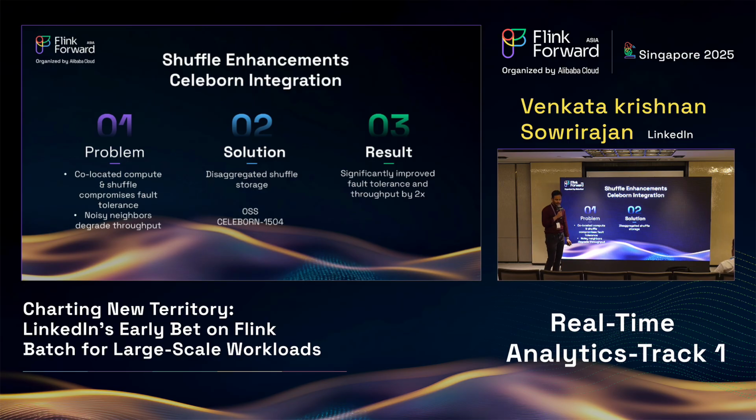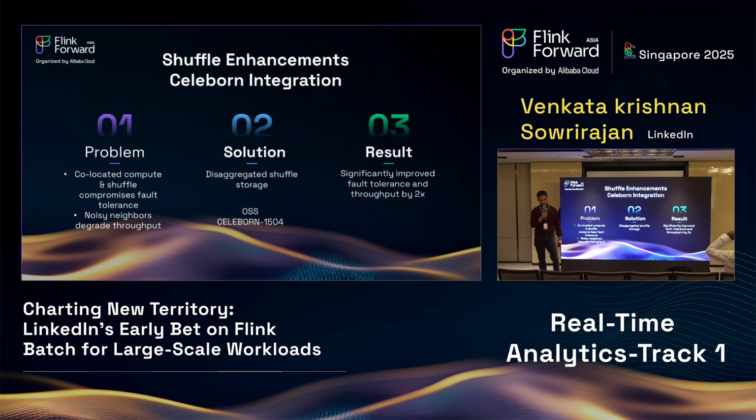So we quickly realized we needed an external shuffle service, and at the same time we were also exploring disaggregated shuffle for our Spark needs. So this is when we decided to build a common shuffle service for both Spark and Flink. After doing multiple POCs using different shuffle services, we narrowed down on Scalable.